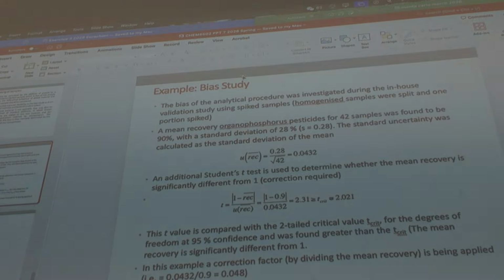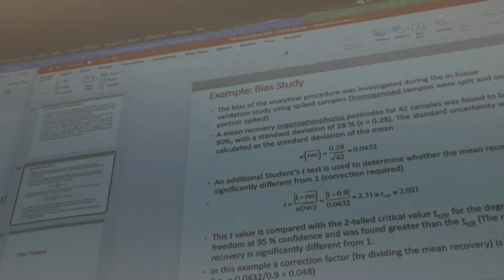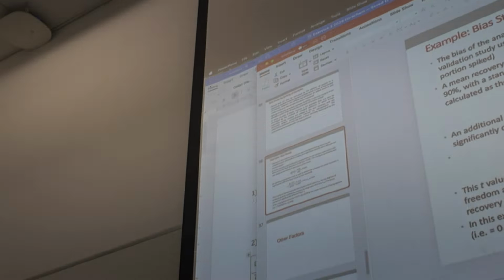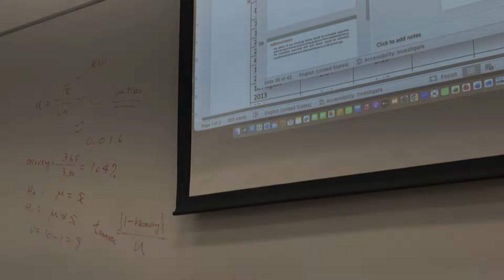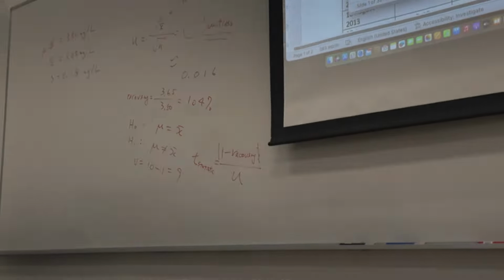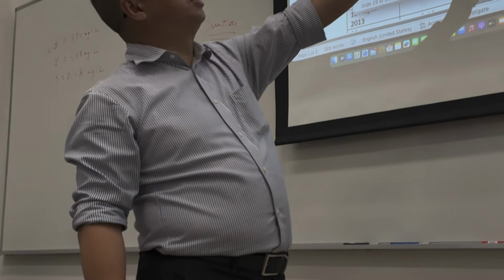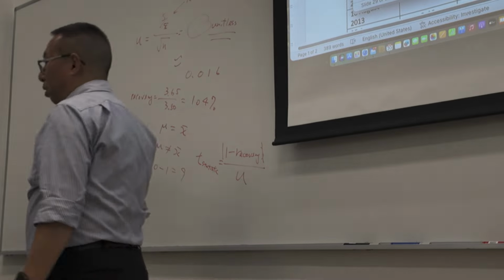If the degree of freedom equals 9, you have to retrieve the critical value for degree of freedom 9, which equals 2.26.